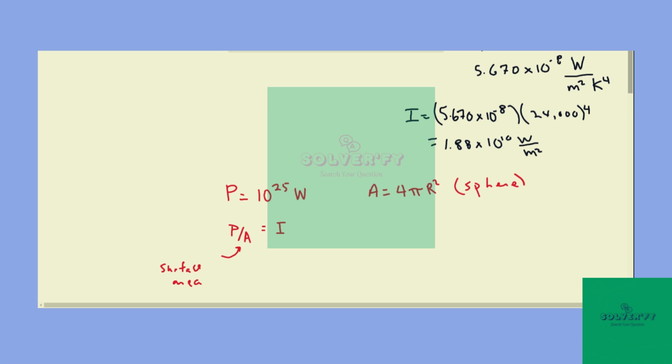Okay, so kind of just working through the algebra. We have the power and we have the intensity. So again, this is not something we probably have much feel for.